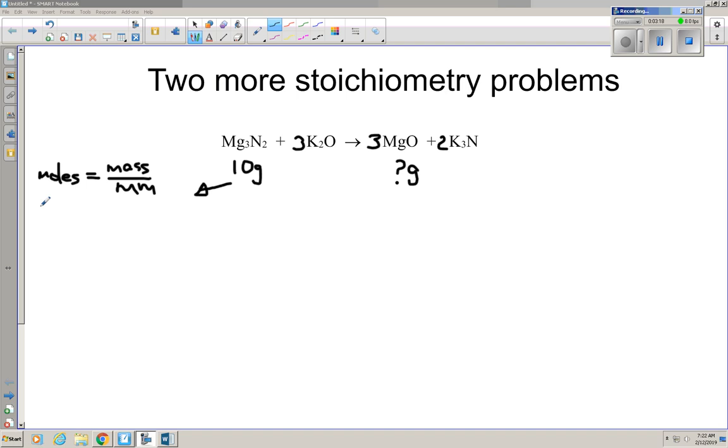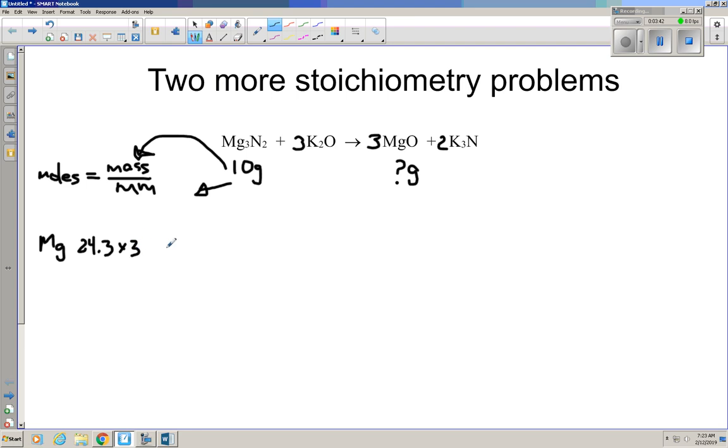Okay, so this is the equation we all remember. Moles equals mass over molar mass. The mass that I'm given goes here, and all I need to do now is determine the molar mass of magnesium nitride. Magnesium nitride has 3 magnesiums. Each magnesium has a mass of 24.3, and I'm getting this from the periodic table, and that's times 3.